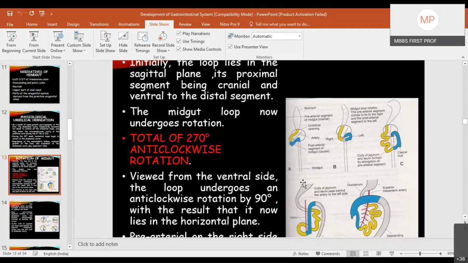I'll try to. Can you see? This is the artery, that is superior mesenteric, pre-arterial segment, post-arterial segment.